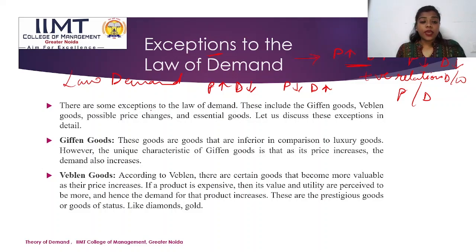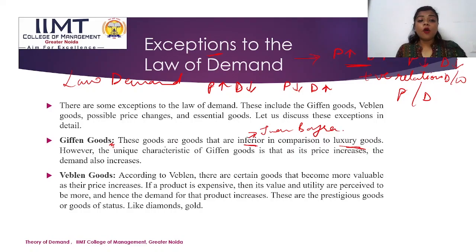So let us see. There are some examples. Exceptions include, first, Giffen goods. Giffen goods are those goods which are inferior in their quality. These goods are inferior in comparison to the luxury goods. When we talk about inferior goods, these are jowar, bajra. We consider them as jowar, bajra.